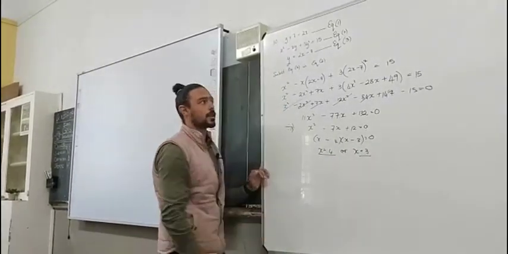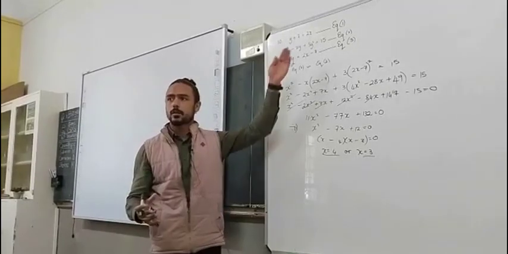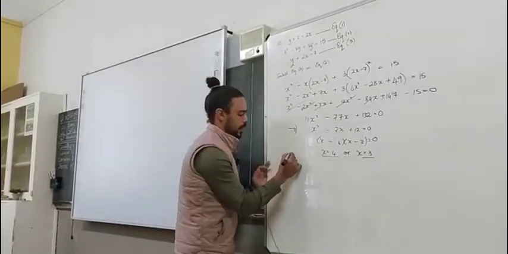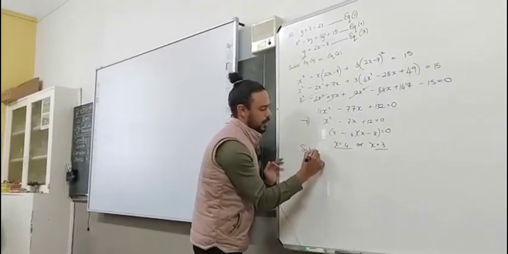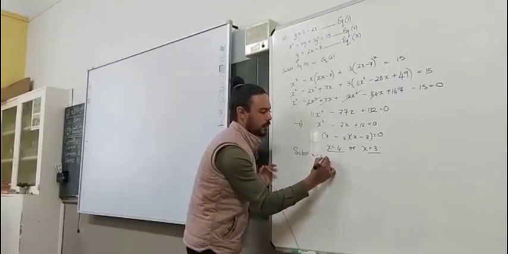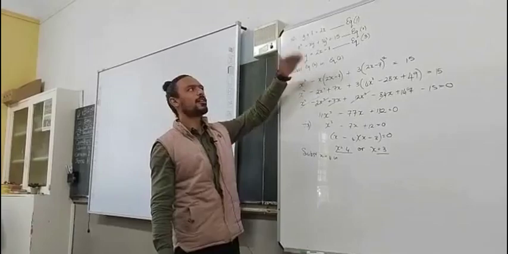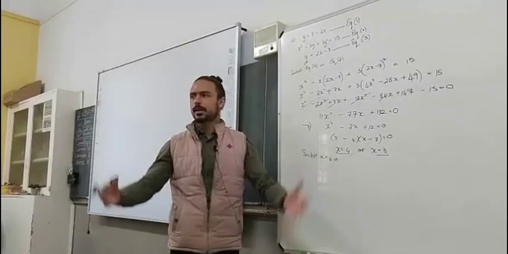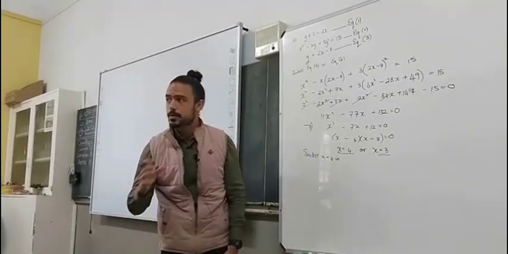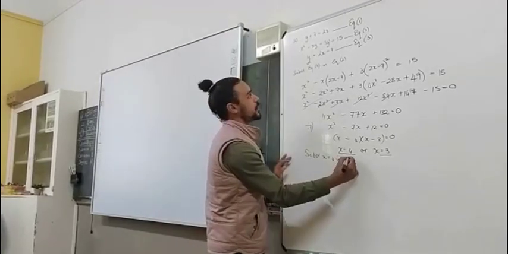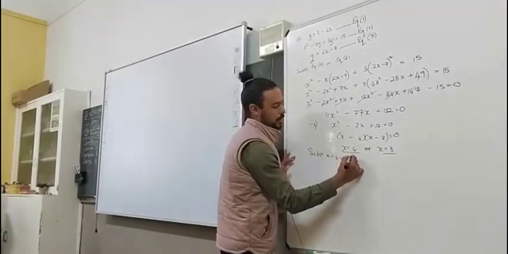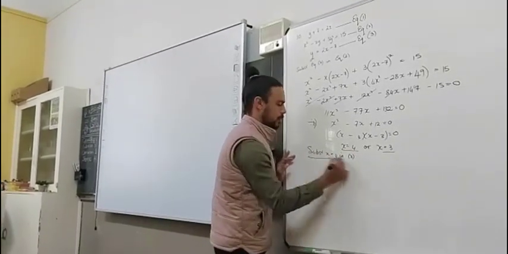I'm not done, because we had not only one variable, but we had two variables. Now we go to and substitute x equals to 4 in. You can literally choose any of these three equations, but why complicate life for yourself like that? So go and choose the easiest one, and the easiest one is going to be equation number 3. So we're going to substitute into equation number 3.